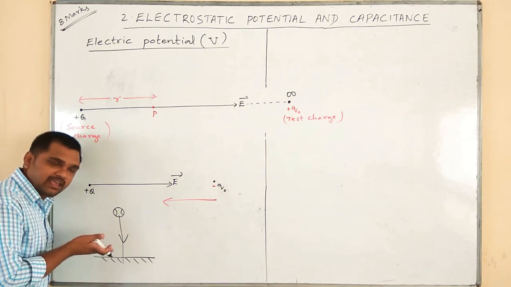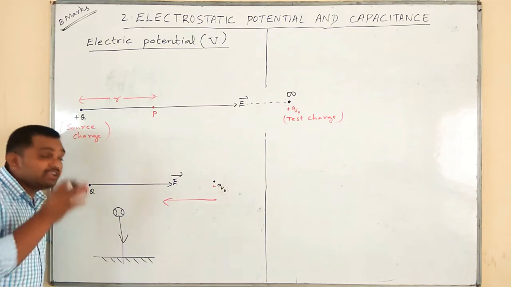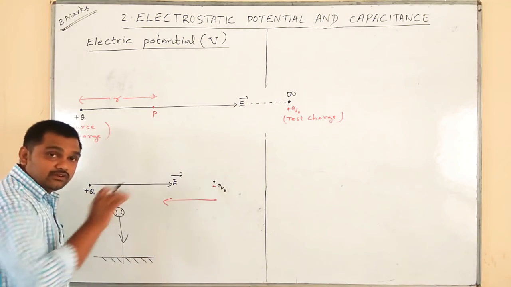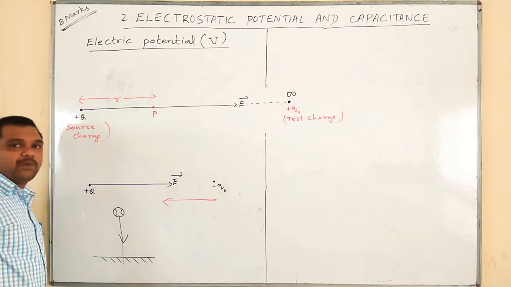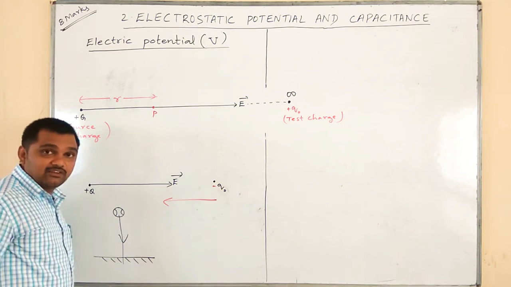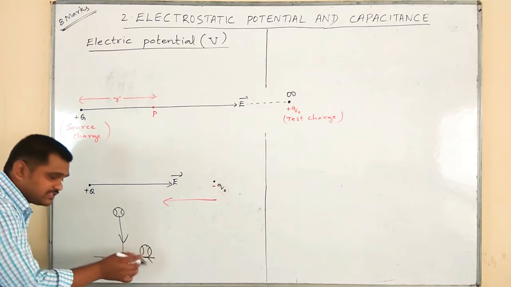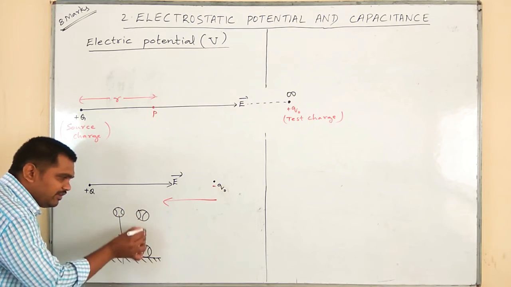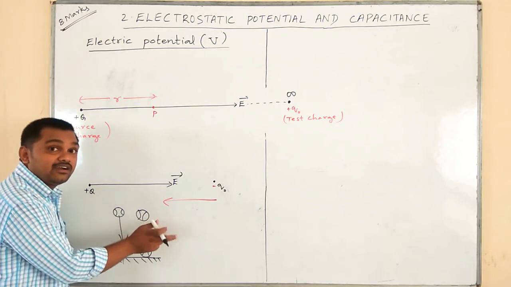Work is done by the gravitational field or gravitational force. In the same way, if you take the negative charge here, we need not do that work. It will get attracted towards a positive charge due to electrical force. But in order to lift this ball from ground level to this level, we have to do the work against gravity.